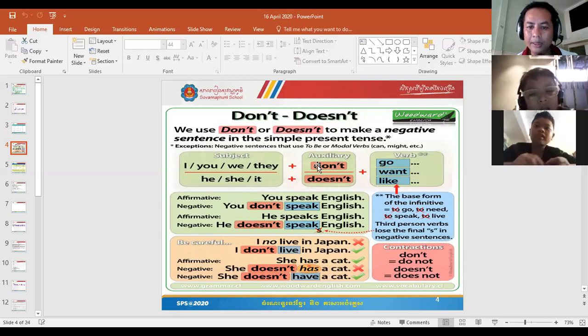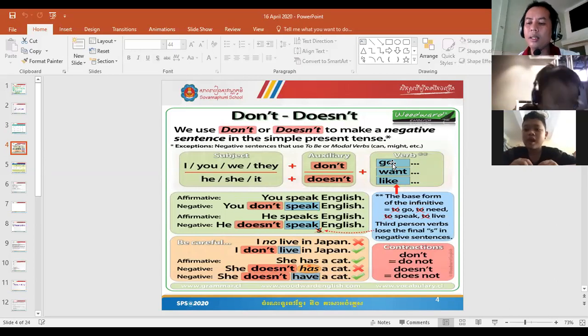I, you, we, they plus don't plus the verb you want to use, for example open, close, want, like, love, clean, up to you. And he, she, it plus doesn't and the verb you want to use: go, need, live, speak, cut, etc.